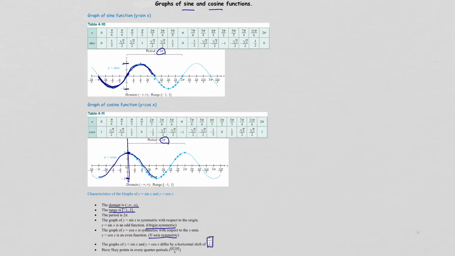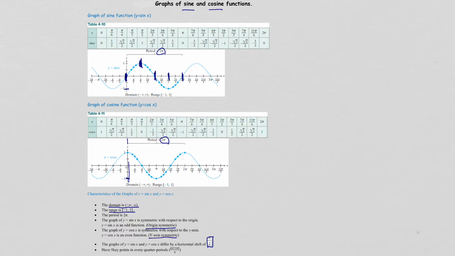Horizontal shifting will be pi over 2, and in order to find the 5 key points, so when it says 5 key points, let me erase this for a second so you can see better. Your 5 key points will be here, here, here, here. Right? That's going to be your 5 points. So the starting point, the graph changing points, right?